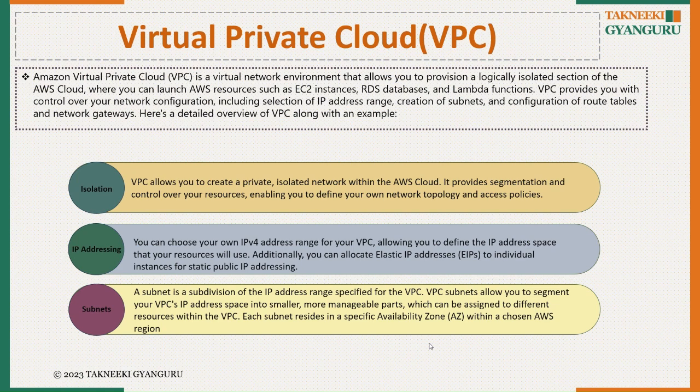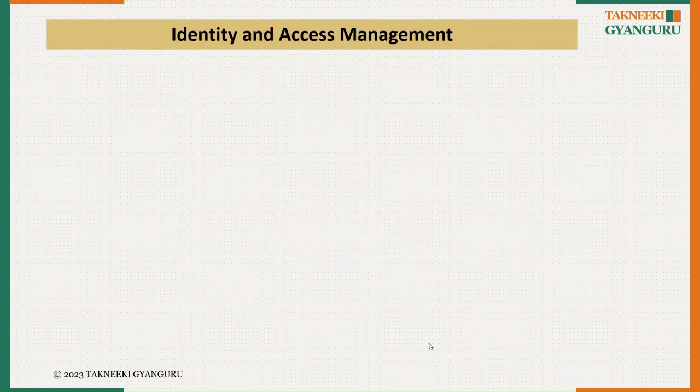So just like you have the web application, you can host it in one of the subnets, and the database should be assigned to another subnet. That should be the architecture of a multi-tier application, right?